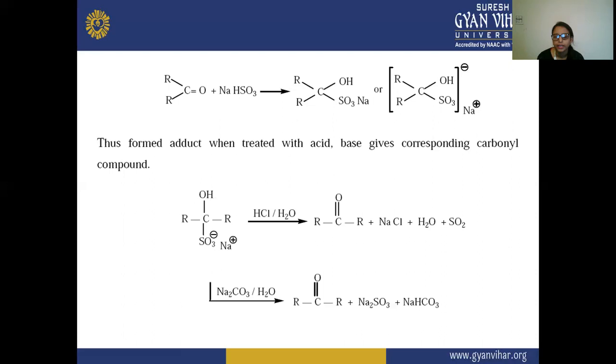And when this bisulfite salt reacts with a base and H2O, there is a formation of the ketone, sodium sulfite, and sodium bicarbonate.